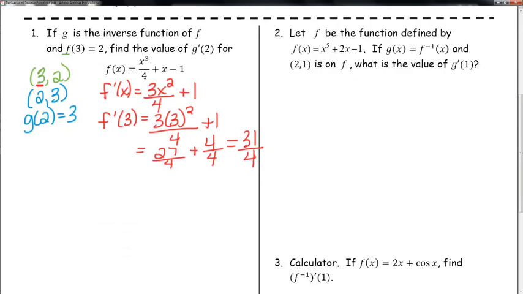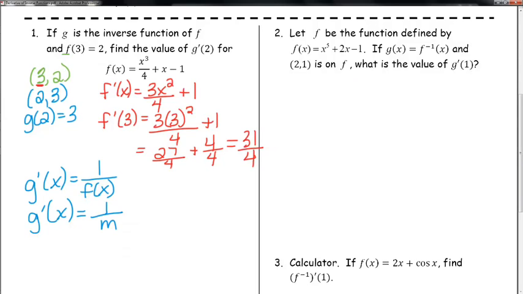According to my rule, the derivative of my inverse, so g prime of x, is equal to 1 over f prime of x. If you want to think about it, it's similar to your normal line, except we're not talking about the negative version, we're just doing 1 over our m. So please don't get this confused with the normal line where you're doing the opposite reciprocal.